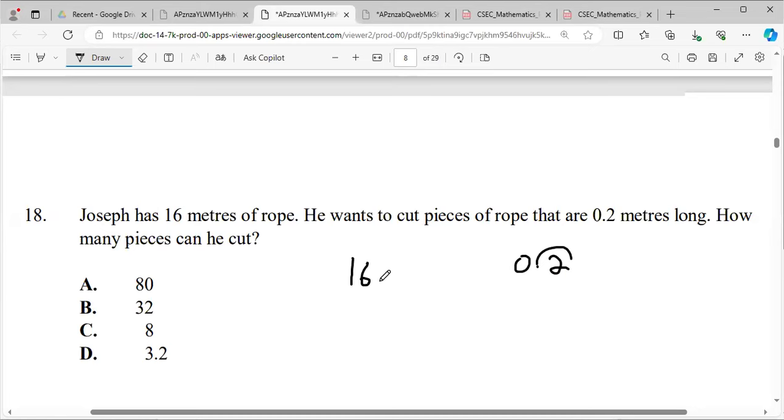So you're going to have to turn 16 meters into 160 meters. Because you moved one place, you have to move this one place also. Well done. And then now you divide 160 by 2 to get 80.